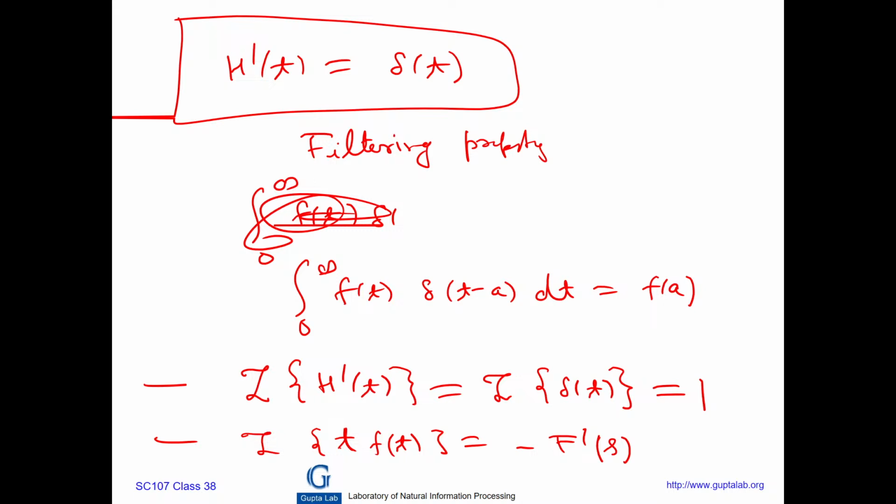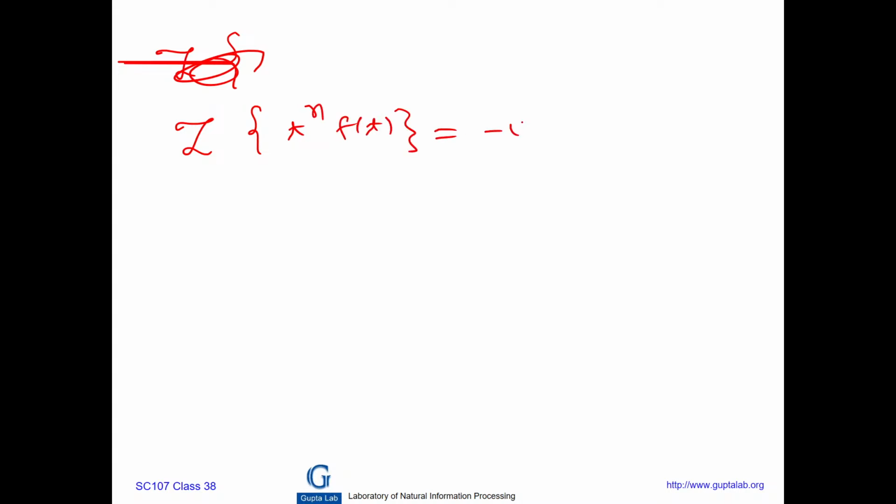Okay, derivative with respect to s here. T times f of t is this. In fact, a general formula is that Laplace transformation of t raised to power n times f of t is minus 1 raised to power n times the nth derivative with respect to s of capital F of s. This is a better formula.